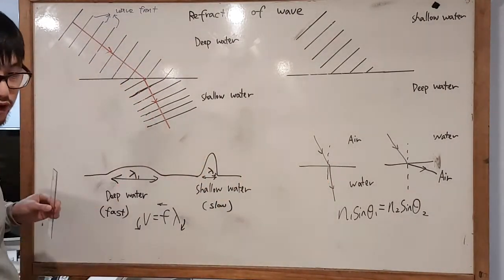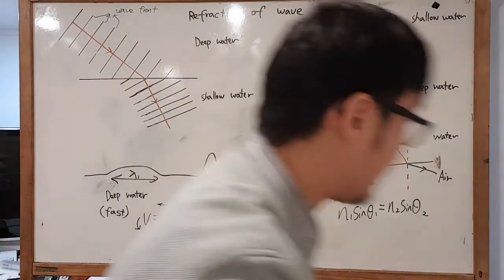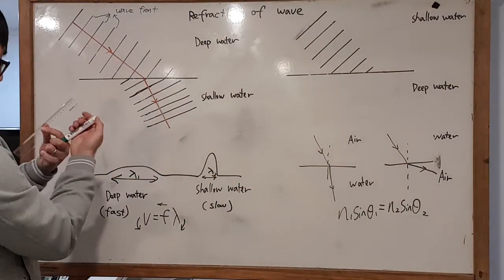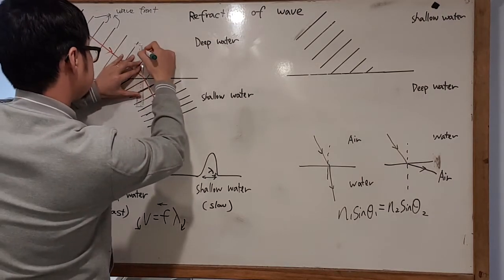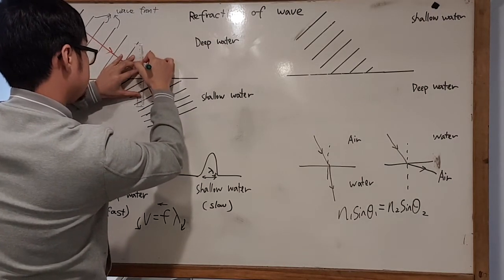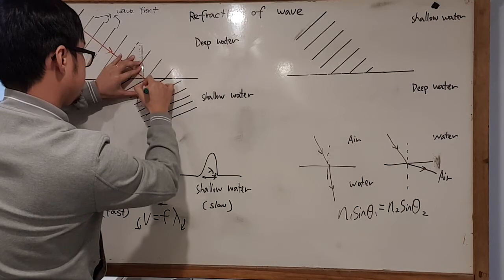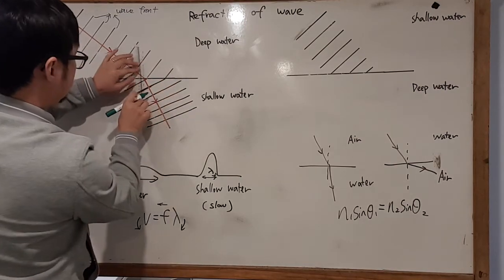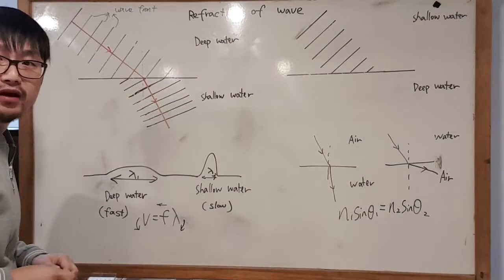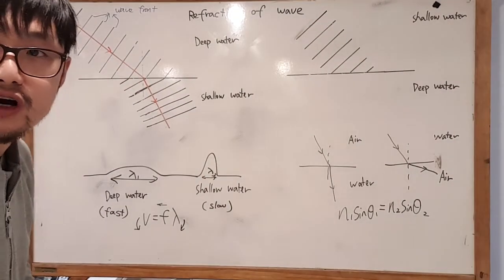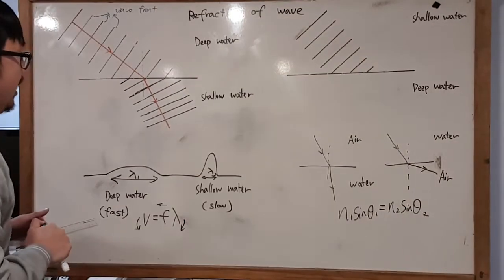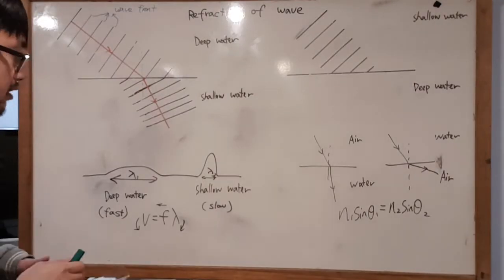If I want to draw a normal line, I can draw it over here, like that. That would be my normal line. Incident angle, reflection angle, but we don't need to talk about those two angles at the moment, unless we're going to do some calculations, okay?